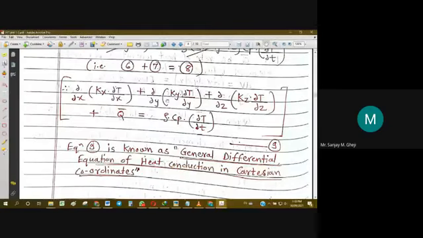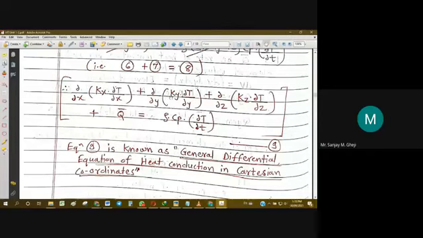Okay, so this is a general differential equation because it covers all possibilities. That is, the net amount of heat conducted in the x direction, y direction, z direction, then internal heat generation, and the change in internal energy of the element. Also, we have assigned different values of conductivity, so it is also covering the possibility of different conductivity values in all three directions.